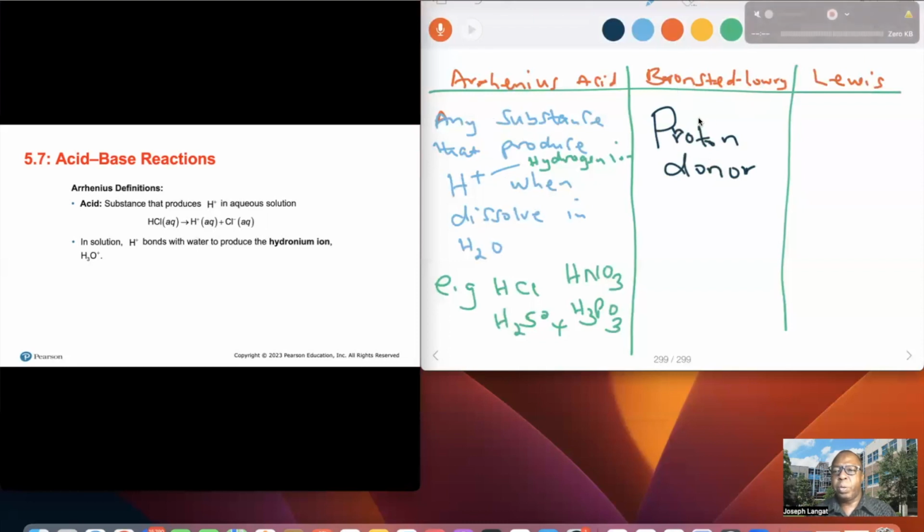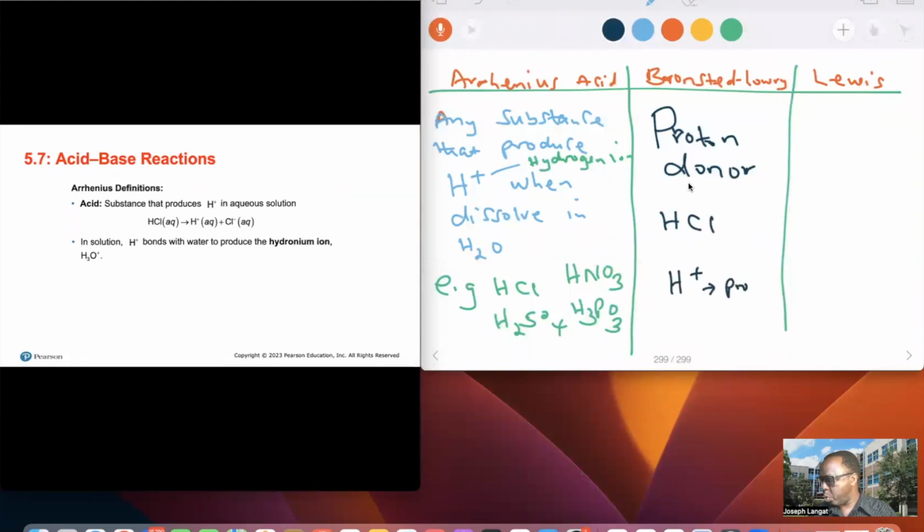Or, a Bronsted-Lowry acid is dash. You just have to say proton donor. It's different from the Arrhenius definition. It could be the same compound so long as it can donate a proton. This is just a proton, all right? No electron in it, it's just hydrogen. We call it proton.